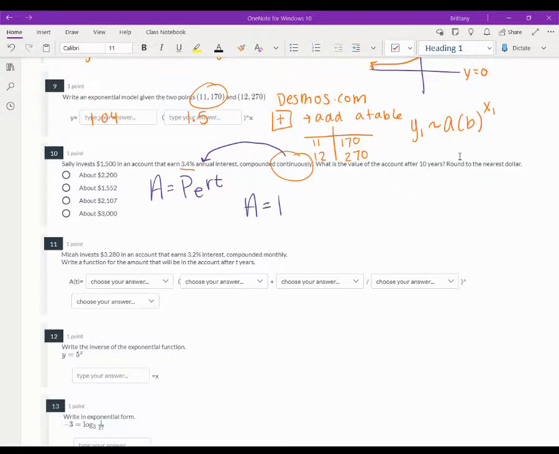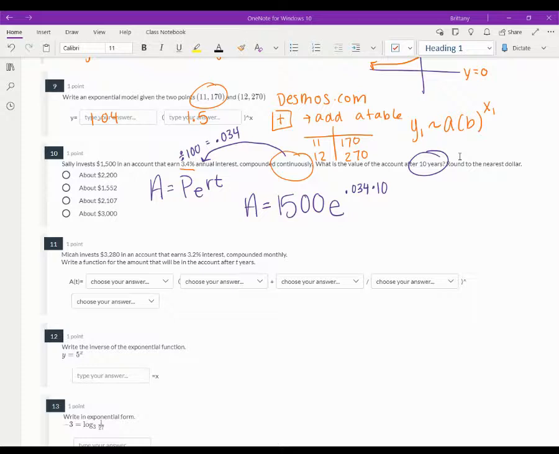We know our principal amount. E is a number, not a variable. And the exponent is rate times time. I want to divide this by 100 to get a decimal. That gives me 0.034. And then how much will be in the account after 10 years? Times 10.